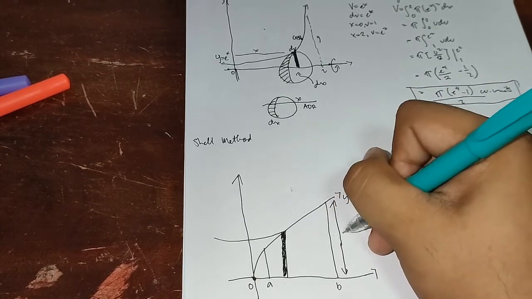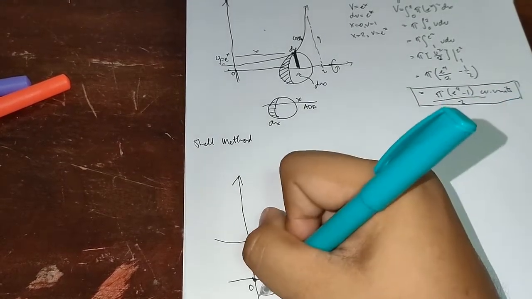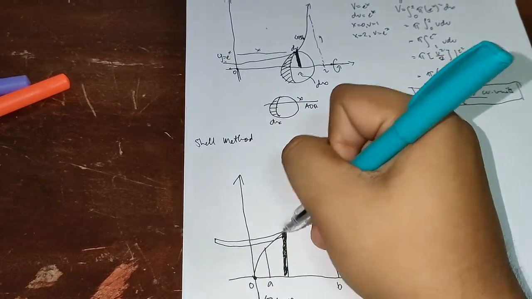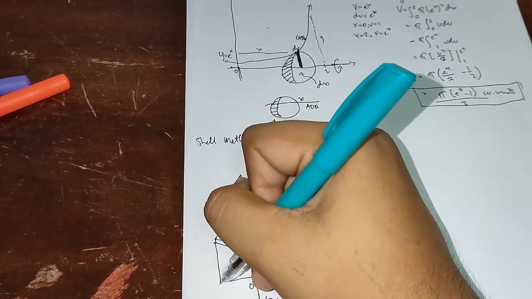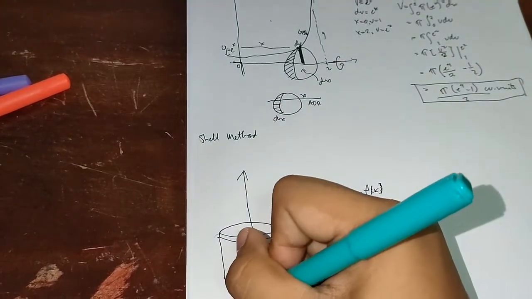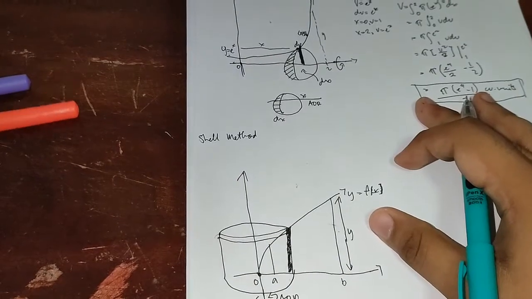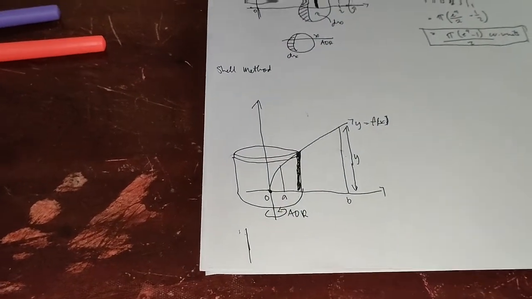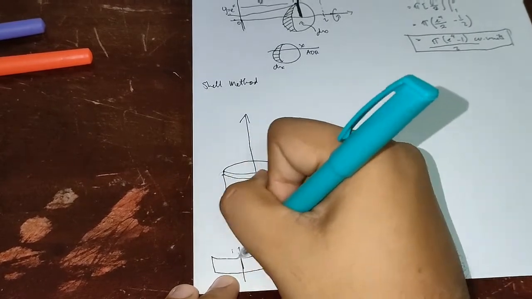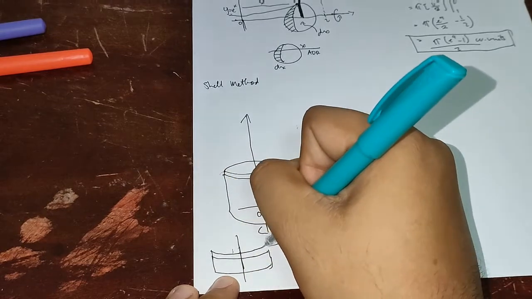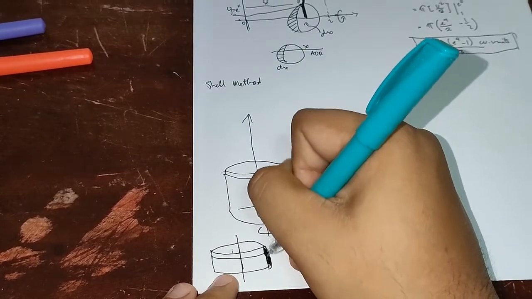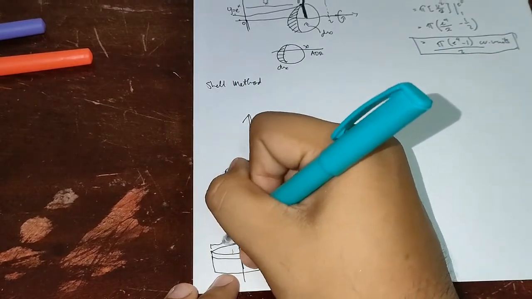This is our y. And here below is the cylindrical shell, sorry for not drawing it properly. Here is a dx, here is the x.